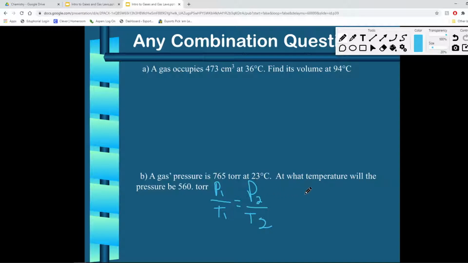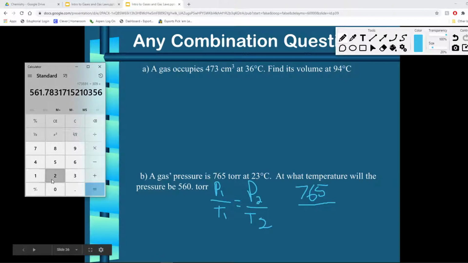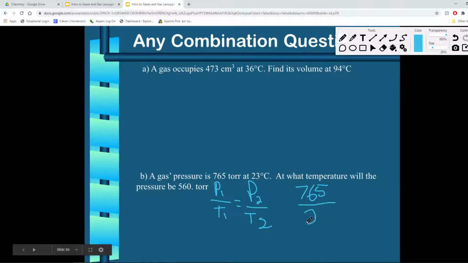So all we're doing again here is plugging stuff in. Our initial pressure is this 765 torr. And our initial temperature is 23 plus 273 for a total of 296. We're going to say that's equal to this pressure here for P2 over some unknown T2.